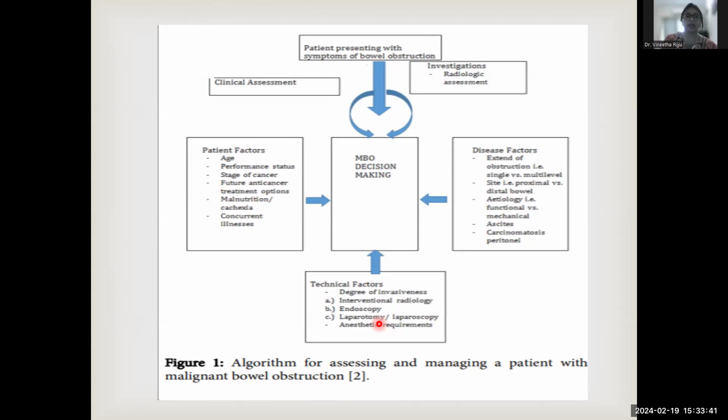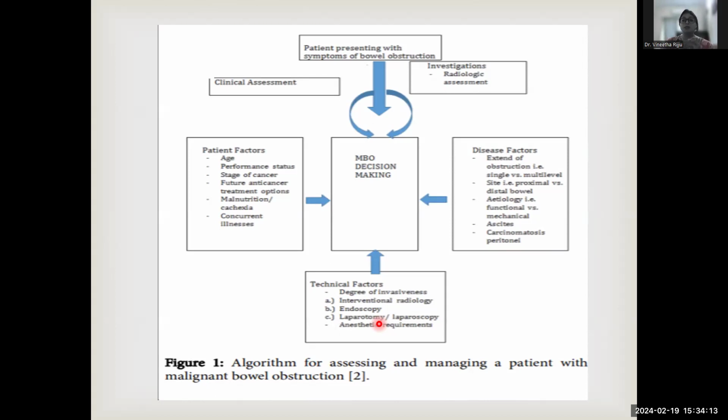Now, the stage of cancer: are we looking at an early stage cancer or an advanced stage cancer? If we are looking at an early stage cancer, we have to refer the patient to the surgical oncology department so that they can plan for resection of the tumor mass, the obstruction area, and anastomosis, right?